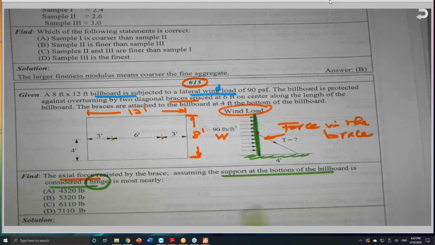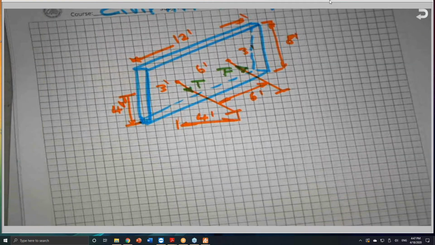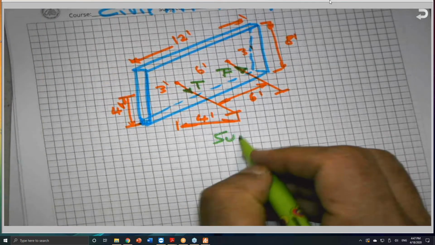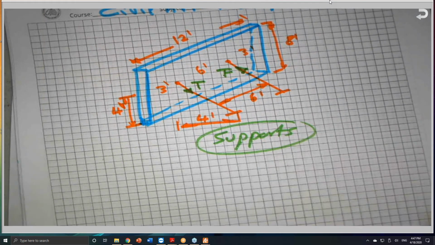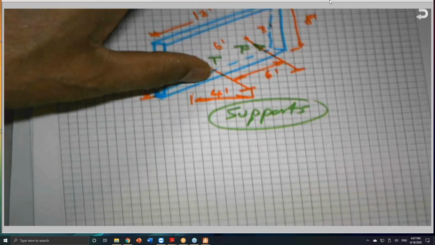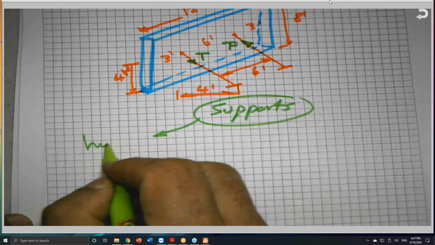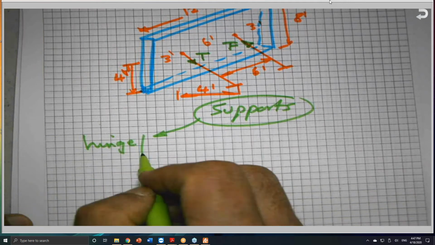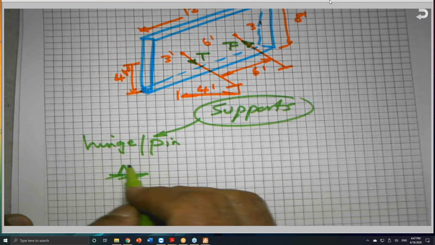The reason that this statement is mentioned here is because we know there are 3 types of supports. We are interested here in the hinge or pin, which we draw like this.